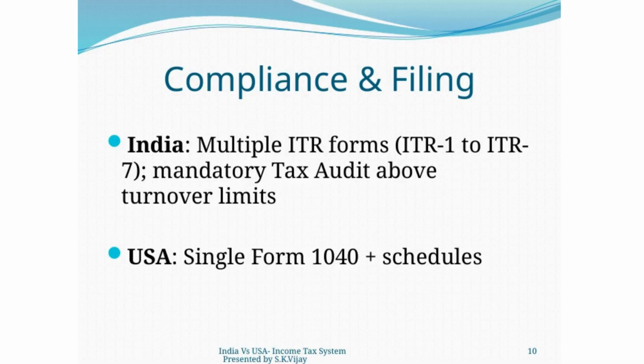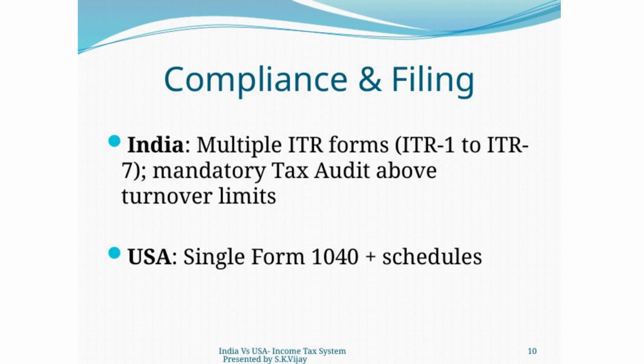In contrast, the USA simplifies this process with a single main form, the Form 1040, complemented by various schedules depending on the taxpayer's specific income types and deductions. This unified approach makes filing more straightforward for individual taxpayers, although the schedules can still be quite detailed for complex financial situations.